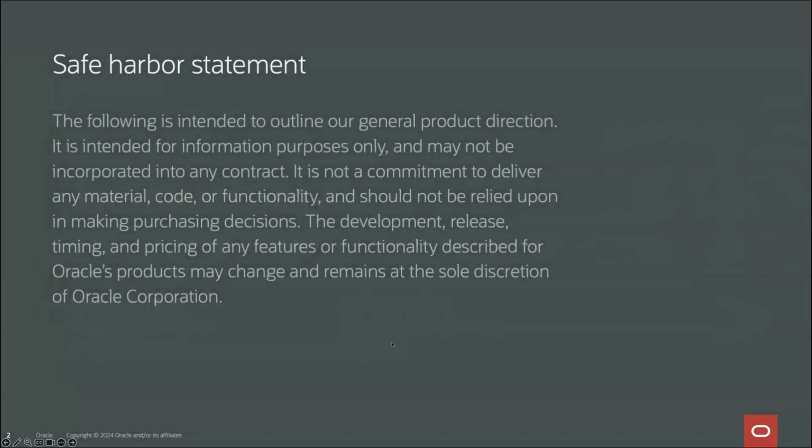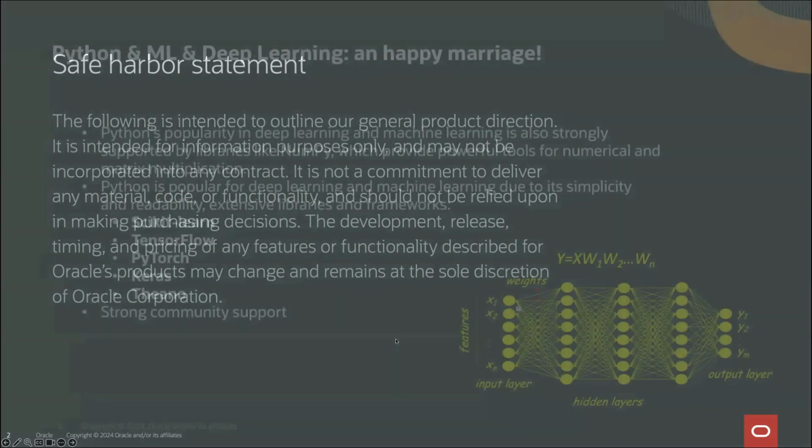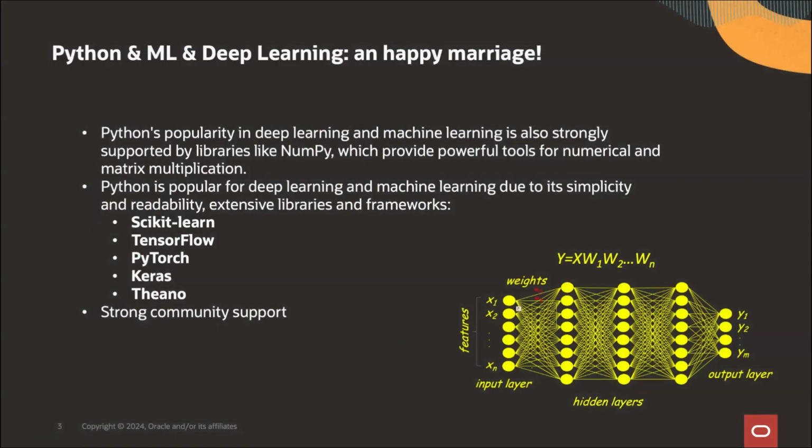After the safe harbor mandatory slide, let's start reflecting about a thing. Do we really need Python to approach a generative AI project? Python has been quite popular so far as a main language to implement machine learning and deep learning projects, mainly for plenty of frameworks that you can use to execute all the phases that normally are needed in a machine learning project, like data analysis, data preparation, training, validation, and testing.